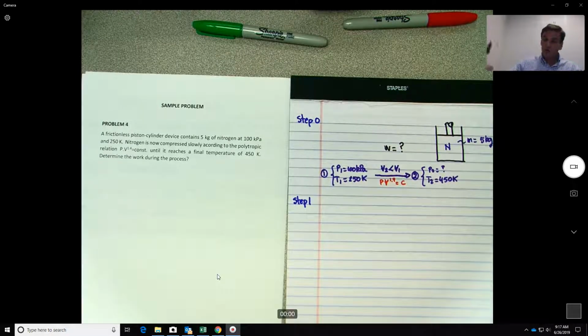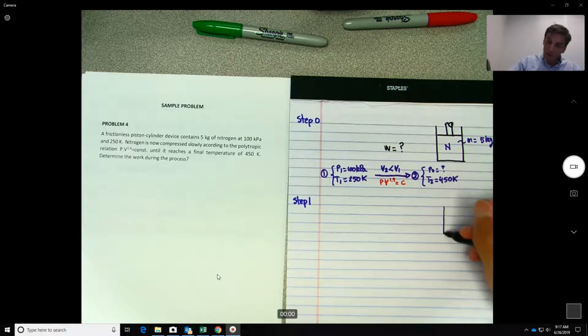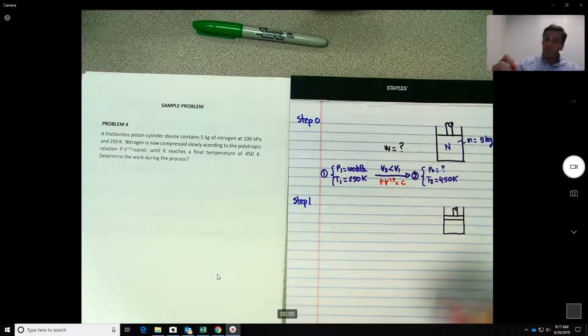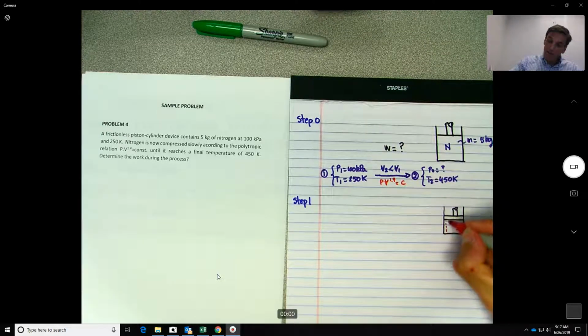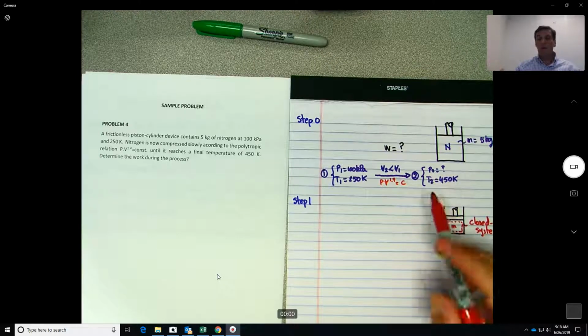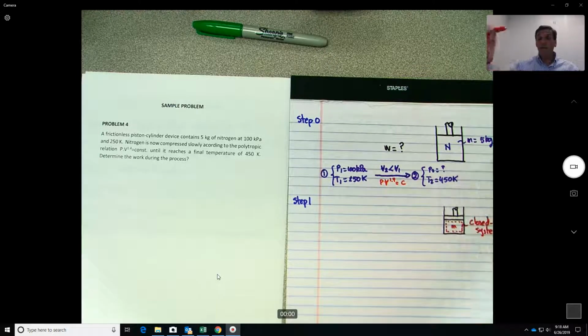So here what I would do is that I would kind of do the same figure over here for the piston, but what's important here is to recognize that this problem is a closed system problem. Closed system basically means when the mass within the system is constant, okay, and there is no flowing mass. So for our closed system, we need to find the work, and we know we have the pressure.